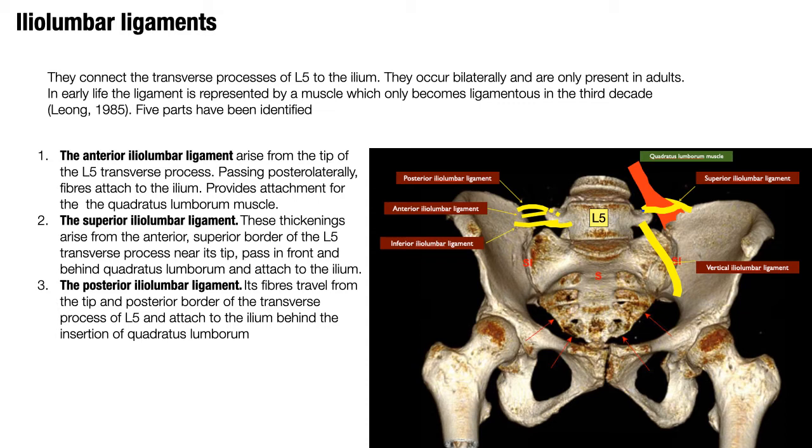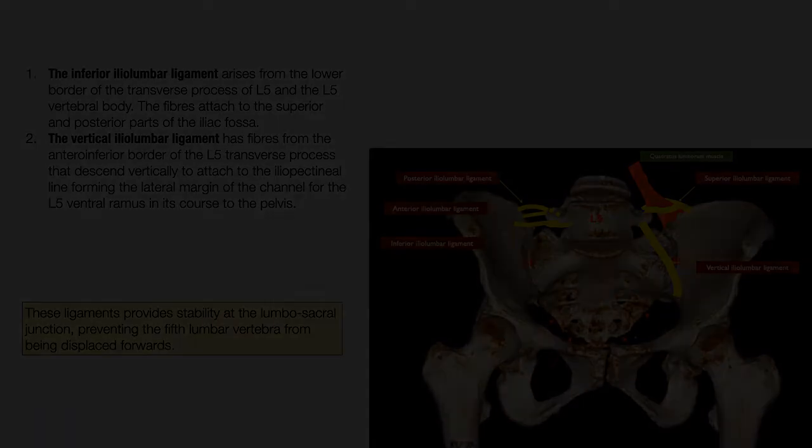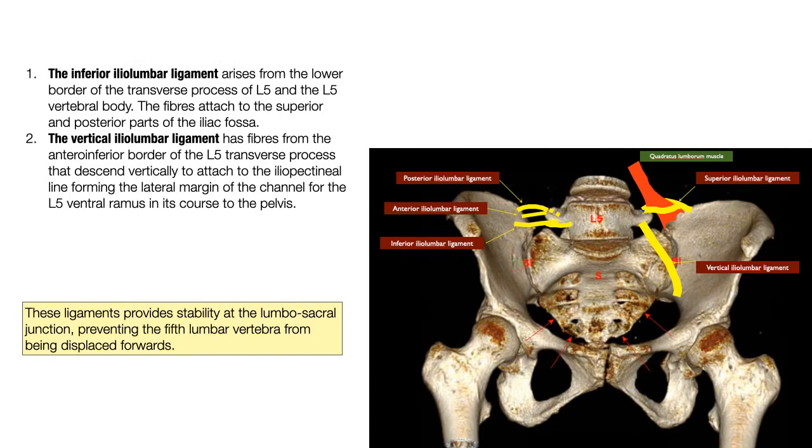Then we have the posterior ligament that goes from the posterior side of the transverse process of L5 to the ilium behind the quadratus lumborum. The inferior iliolumbar ligament arises from the lower border of the transverse process of L5 and its body, and will attach to the iliac fossa.